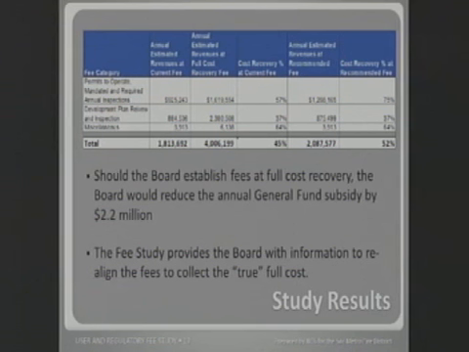So we're just here to defend that full cost recovery amount and help with the fee setting action related to that. You see this column here that says annual estimated revenues at recommended fee. That number is where the staff has taken much consideration into what the community can bear, or what they recommend charging at this time.